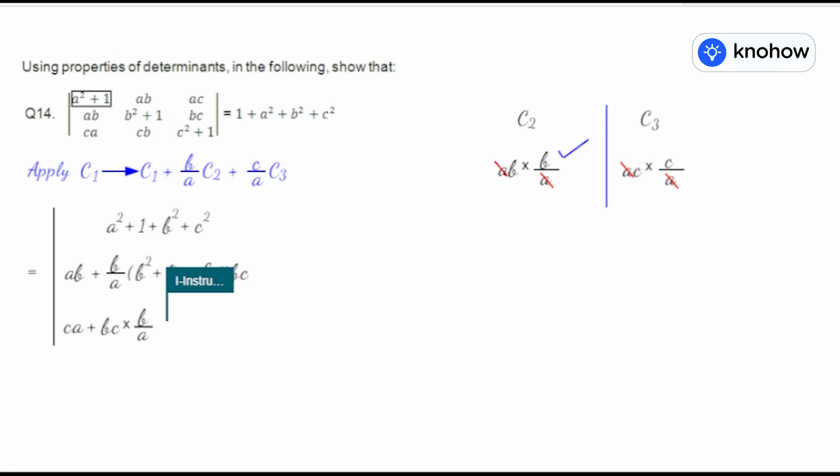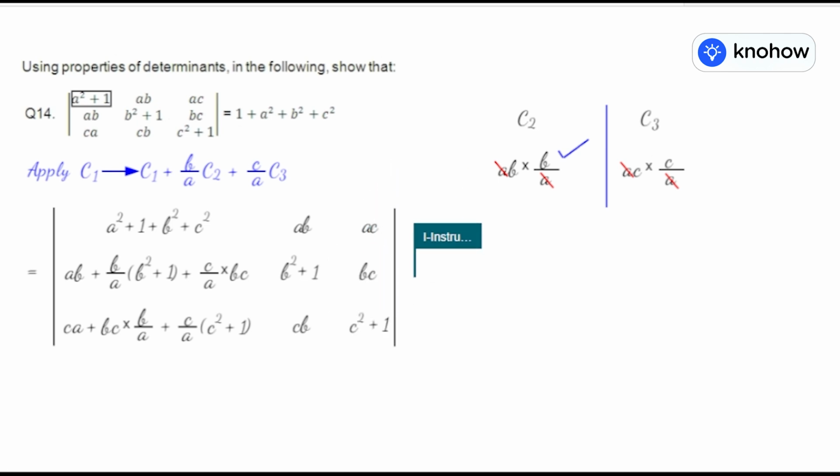Sorry, not c by a, it was cb, bc plus b by a. And plus you get c by a times the third column, so c by a times c square plus 1. This will simplify in the next step. And keeping the other two columns as such, that is ab, b square plus 1, cb, and the third column elements are ac, bc, and c square plus 1.